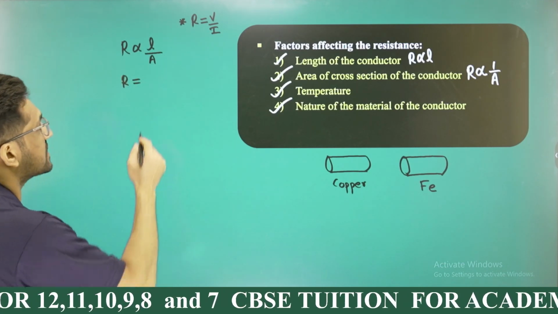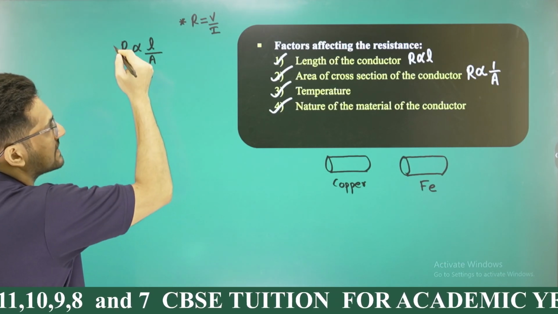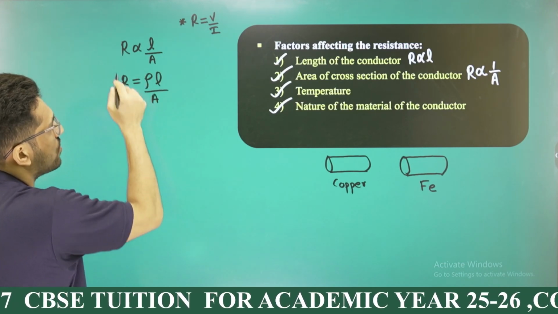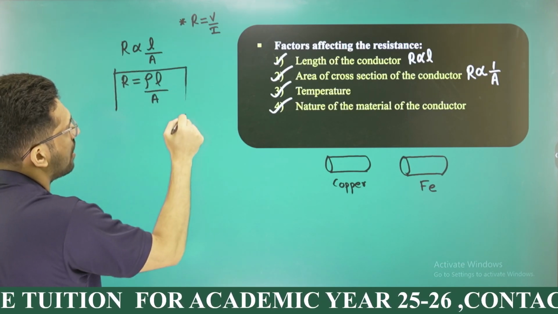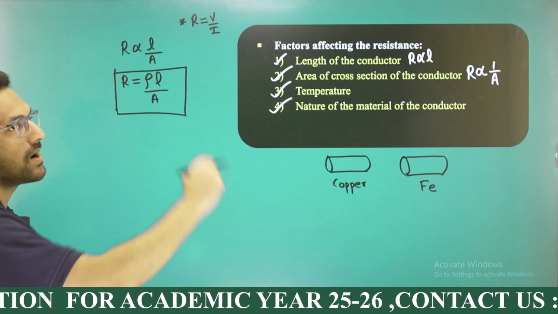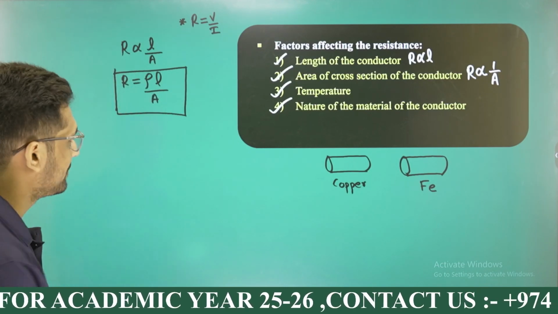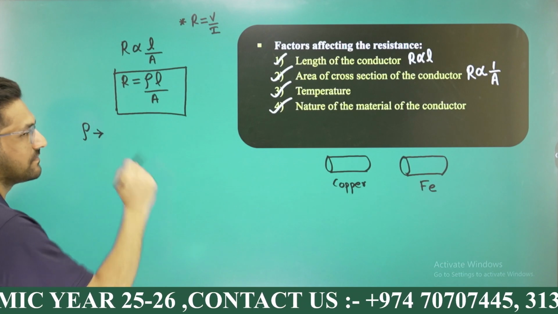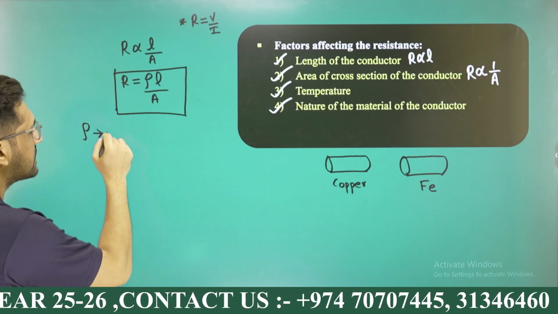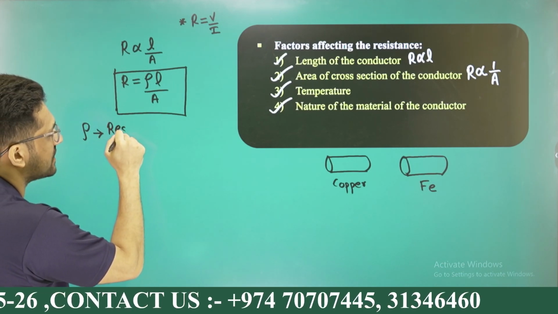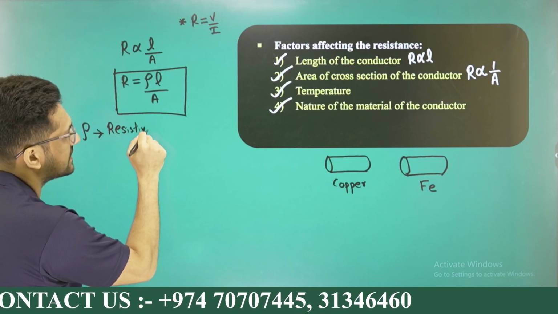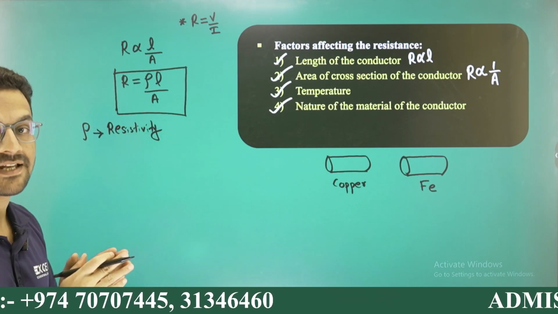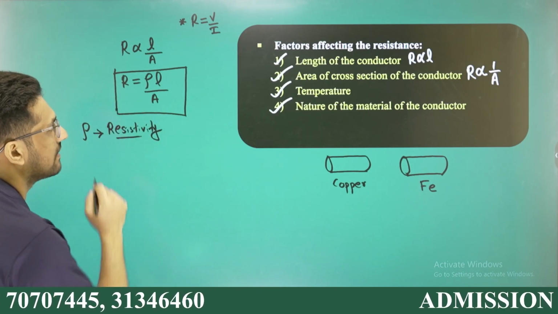The constant we are going to multiply here is rho, so rho L by A. So you have an equation now: R is equal to rho L by A. But we have to understand what this rho is. Rho is a constant. It's called resistivity. It's a constant for a particular material.